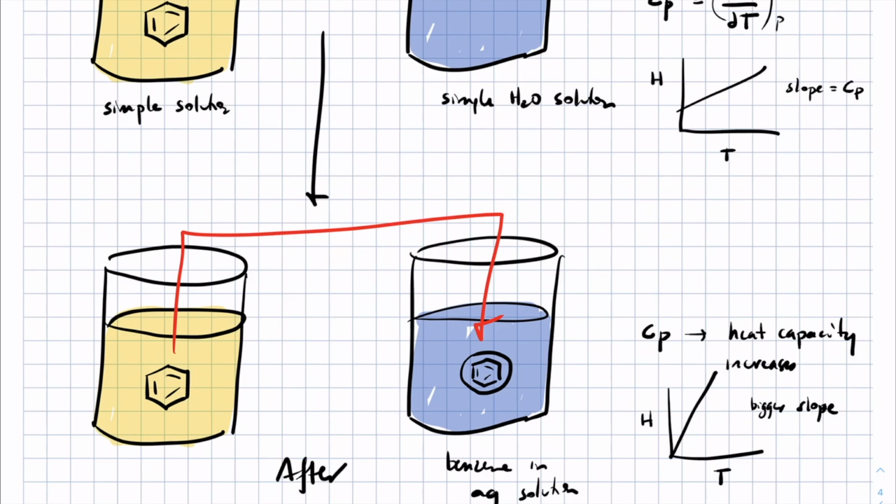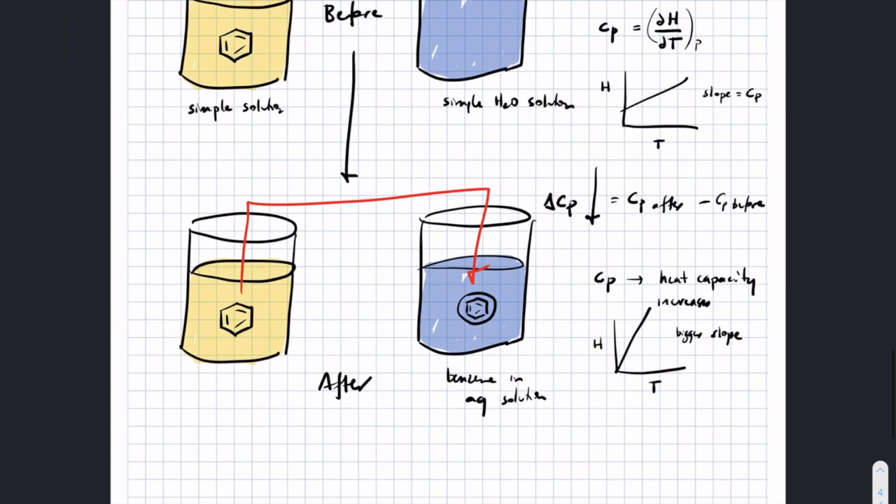And when you measure heat capacity before and after a process, you can take Cp after minus Cp before, and that gives you a change in heat capacity.